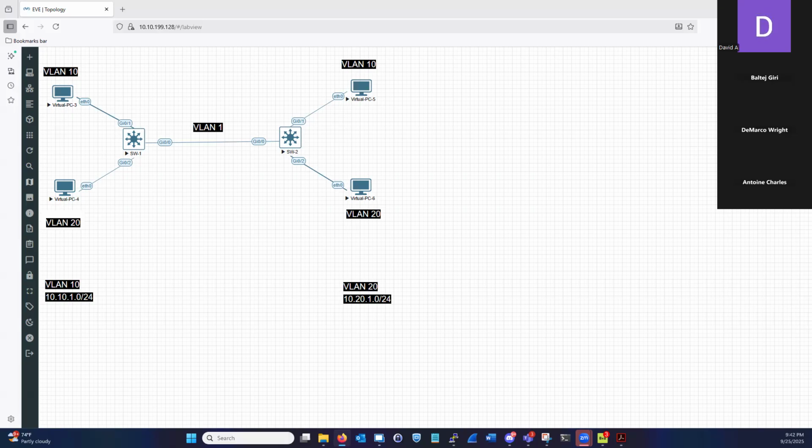Same question. Antoine, should I be able to ping PC5 from PC3? Let me see. My fault. Let me just check out the diagram real quick. Take your time.